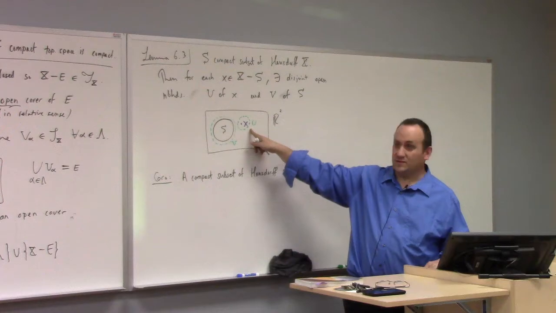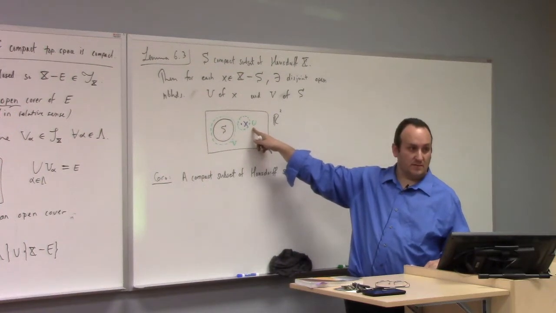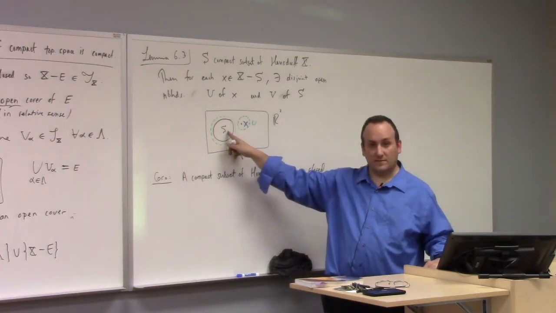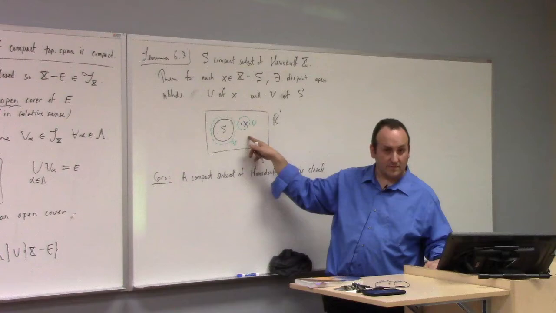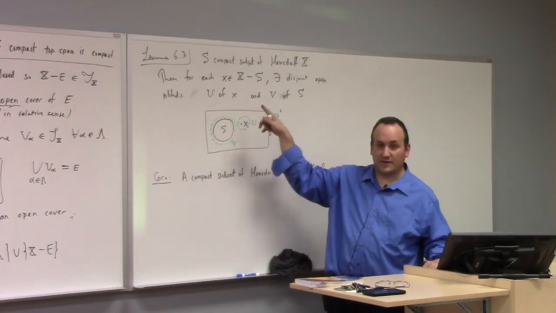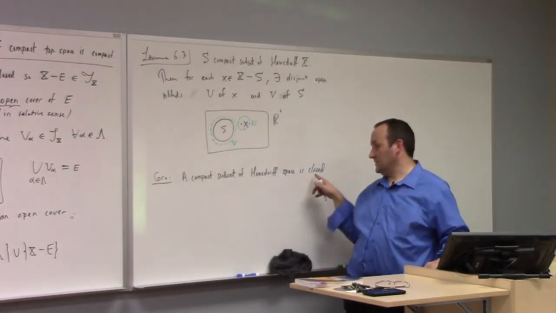If you take the union of all such open sets U, right, they never hit S, and they hit every point in the complement. But they're also the union of open sets, which is open. Therefore, the complement of S is open, which means that S is, by definition, a closed set. And there you go. That's why this lemma implies compact means closed.